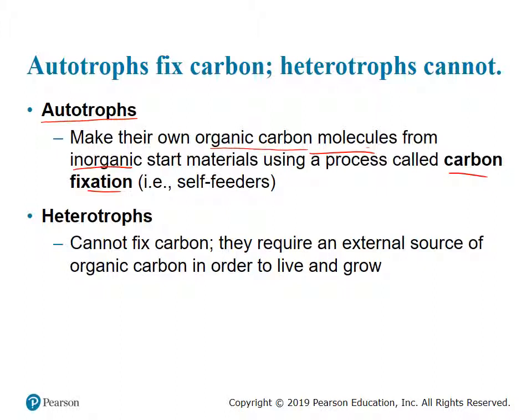That means you're an autotroph. If you're a heterotroph, in fact, you require an external source of organic carbon. You need them. You can't make them on your own. You need an organic carbon molecule.